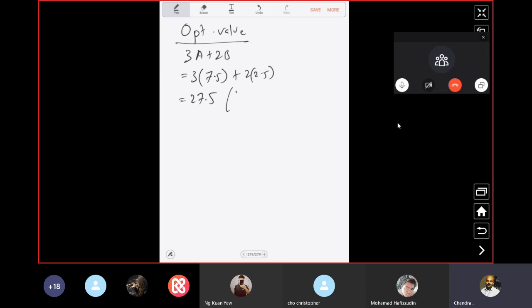Therefore, yes, this is an improvement. How much has it improved? New number minus the original number, 0.5.